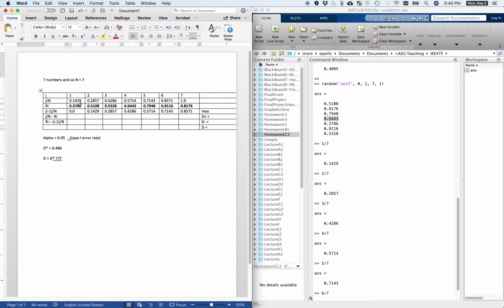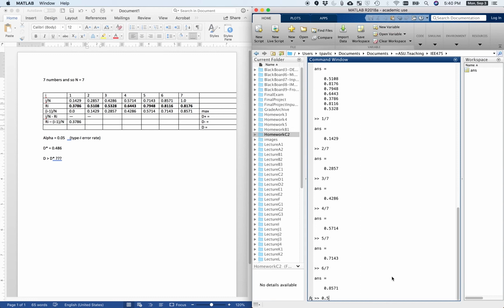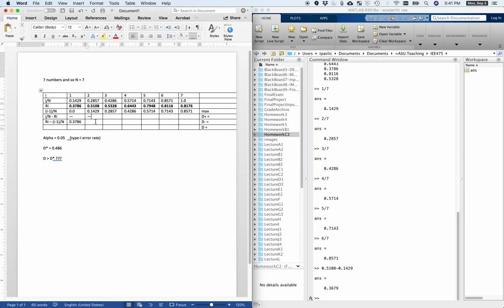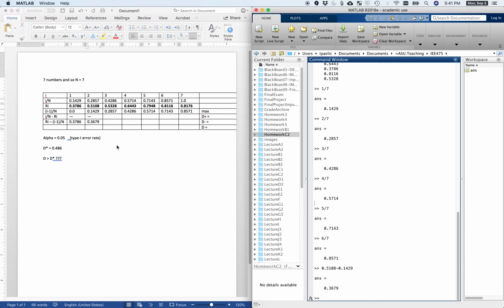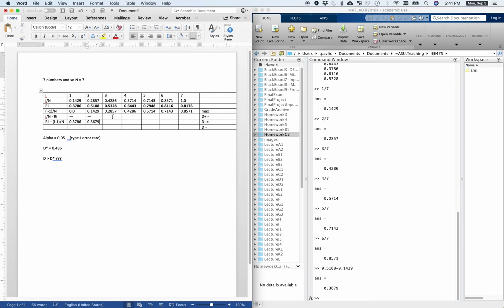So this first one I don't have to do because it's going to come out negative. The second one is 0.3786. This one's also going to come out negative. But then this one, 0.5108 minus 0.1429 is 0.3679. Now this one here is going to come out negative, this one here is going to come out negative, this one here is going to come out negative.